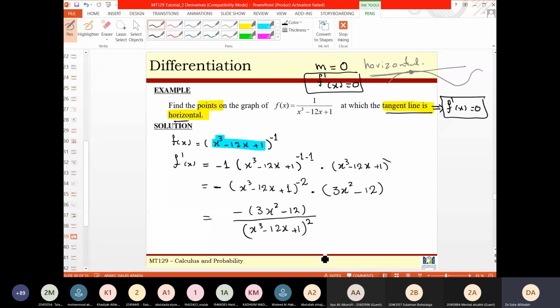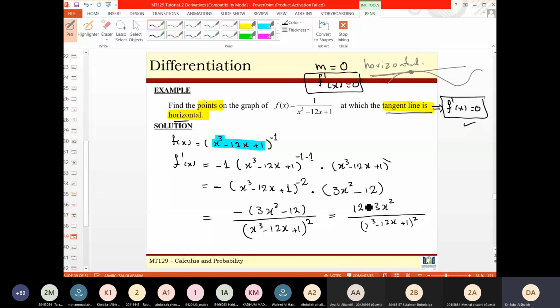And minus, we can bring it inside. This will be 12 minus 3x squared all over x^3 minus 12x plus 1 squared. I'm not done yet. I have to let f dash equal to 0 to get the points.